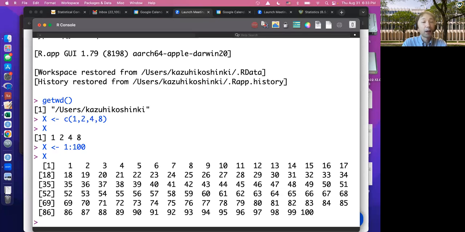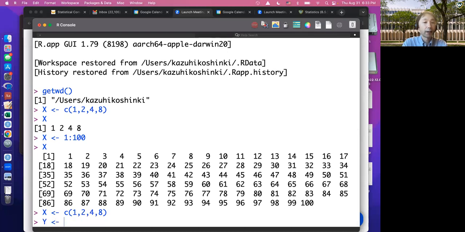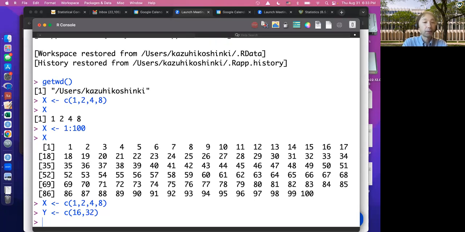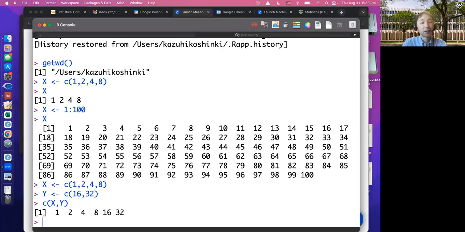For example, we have vector X here. Maybe X is C(1, 2, 4, 8), and Y is maybe C(16, 32). And if we put X and Y together, then it becomes another vector with 6 elements. Actually, today's quiz may use this knowledge, so I would like to discuss it.